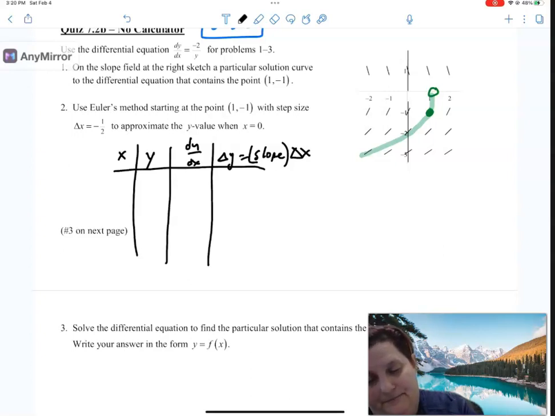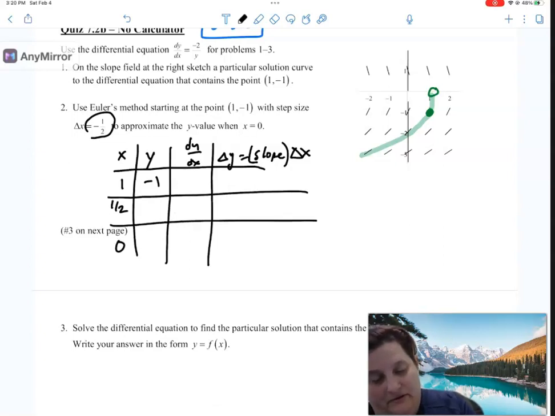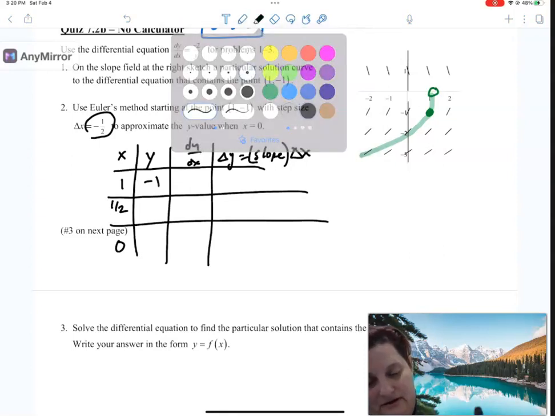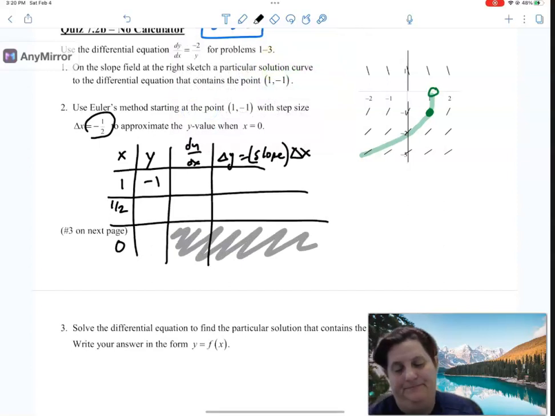Okay, nice. Starting at the point 1, -1, a step size of -1/2. So if I subtract a half from that, that goes to 1/2. And if I subtract a half again, that goes to 0. And that's all I'm looking for. Okay. And I don't need the last part of this.